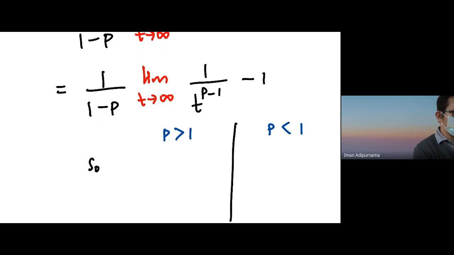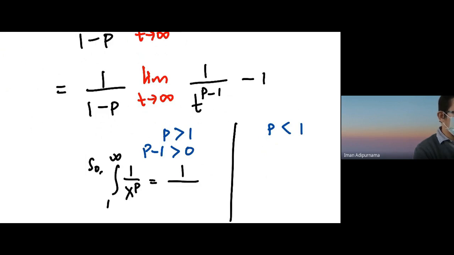So for the positive case, p minus 1 is greater than 0, so 1 over t to the p minus 1 goes to 0. Because of the negative, we can have an exchange, and this part we can eliminate.